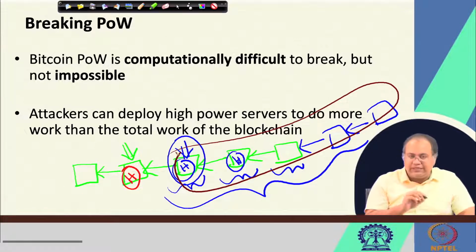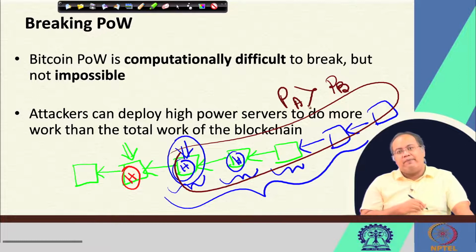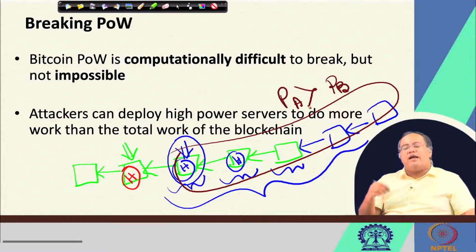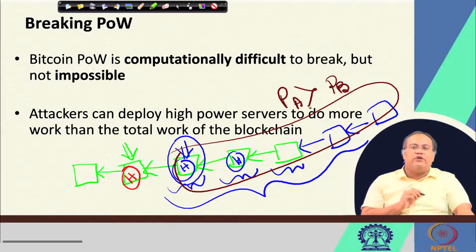Say the total hash power of these nodes is equal to PB and the hash power of the attacker is equal to PA, and PA is greater than PB. Then the attacker will be able to make the attack, because the attacker is generating the hash much faster than the rate at which the blocks are getting added. If that is the case, then the attacker will be able to do the attack.